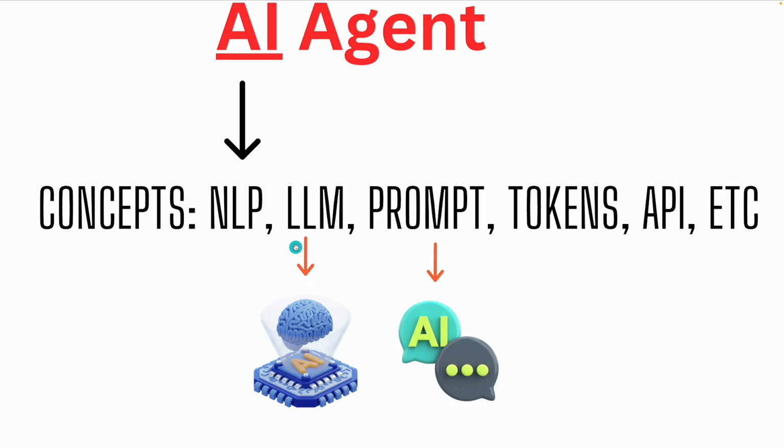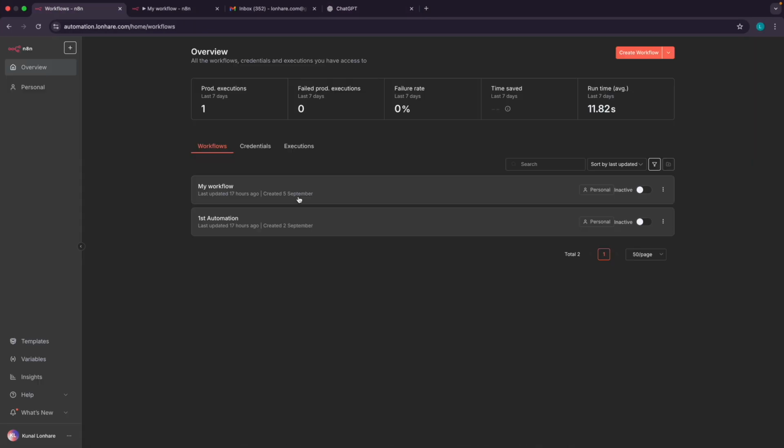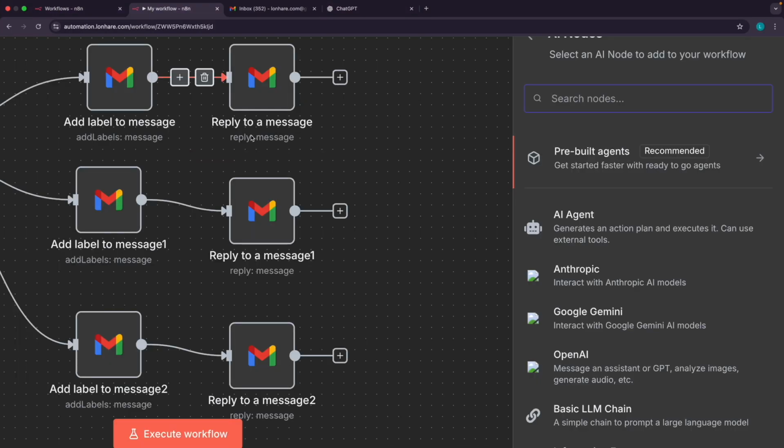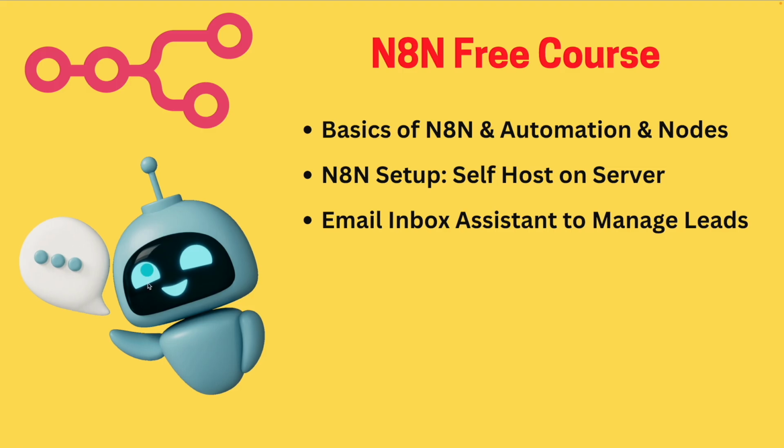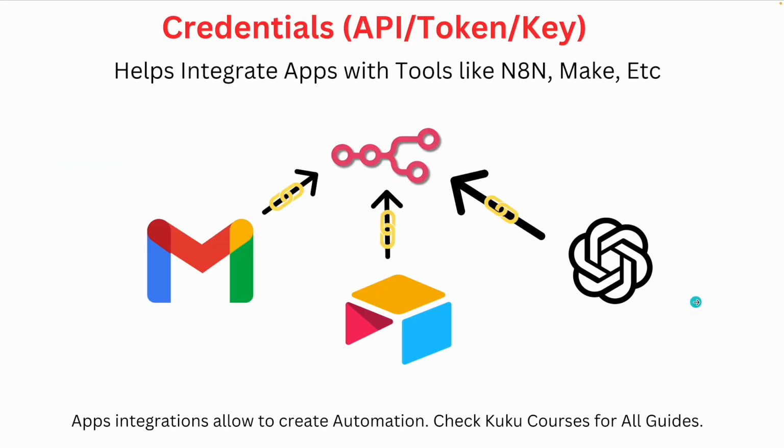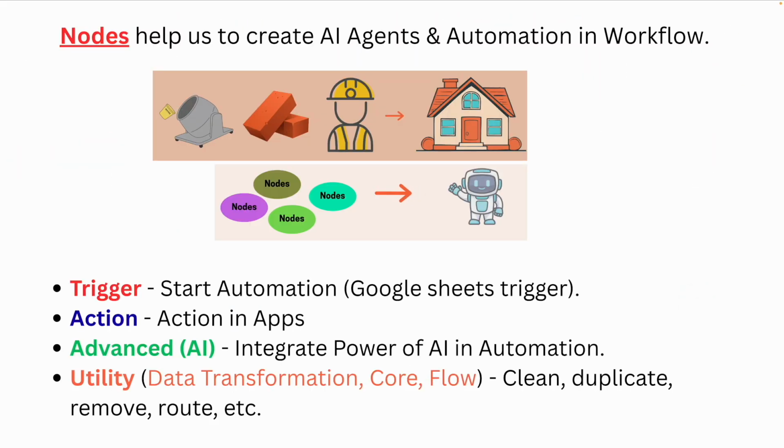But just understand, when we build our AI automations and AI agents, we need some sort of a brain. That brain is known as LLM. Just understand it like this: suppose this is our robot.